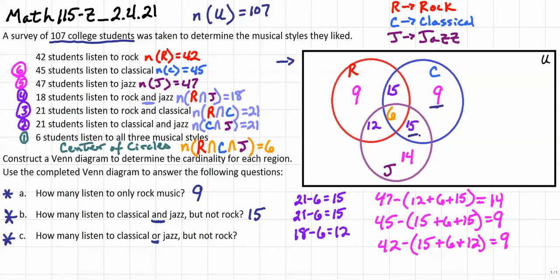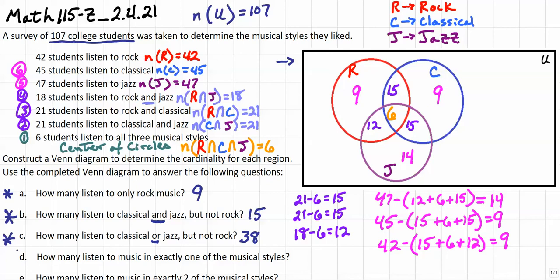This is classical and jazz. And this is jazz only. If I add these three values, I have how many students listen to classical or jazz but not rock, which will be 38.